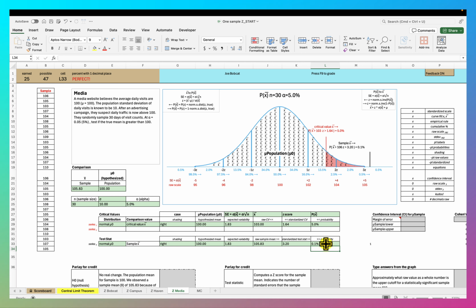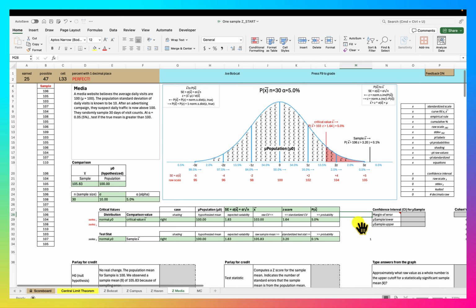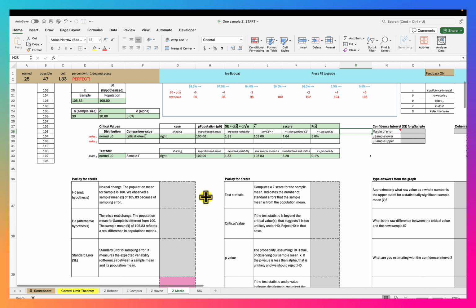So really low probability. And it's way out here, so it's definitely statistically significant. Now it's not sitting in the right spot, so when that happens, you can drag it back to where it should be. Okay, so statistically significant, looking good.